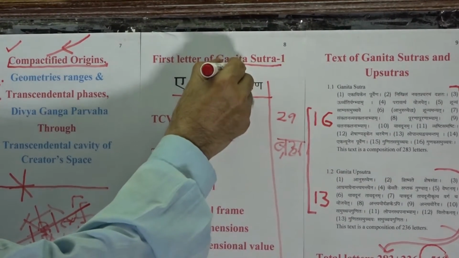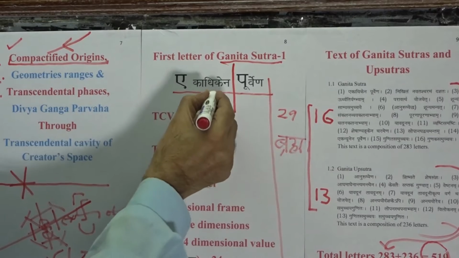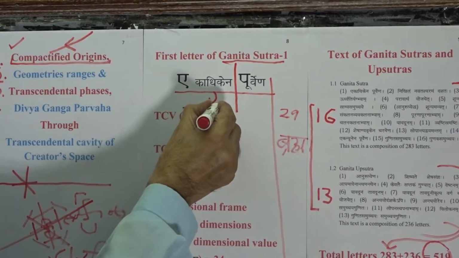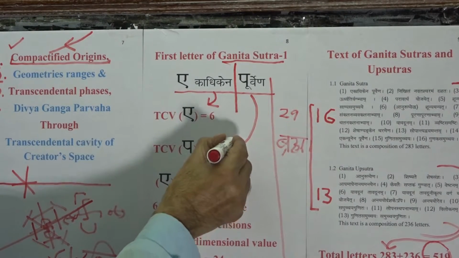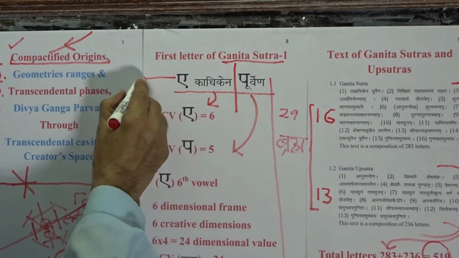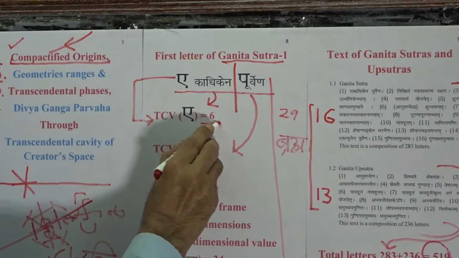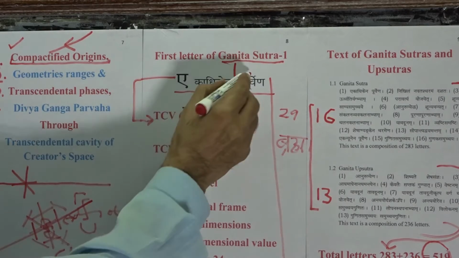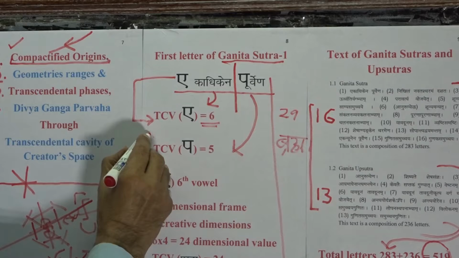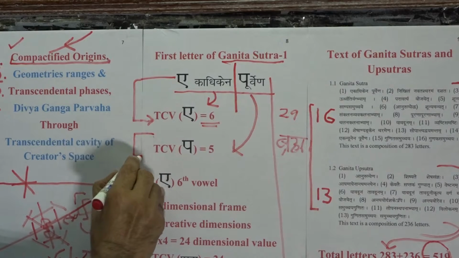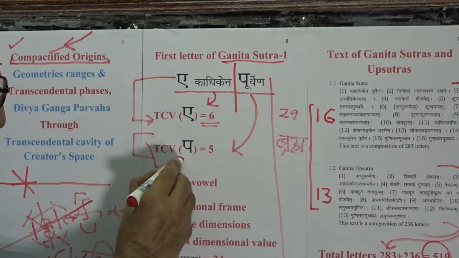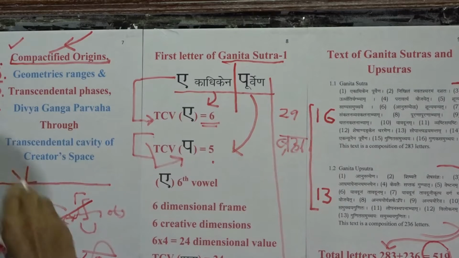This formulation is of 2 parts. The first part is Eka Adhikain and the second part is Purvain. The first letter of the first formulation is the 6th vowel. It takes us to value 6. The second formulation is leading us to, in terms of its first letter, of TC value 5.